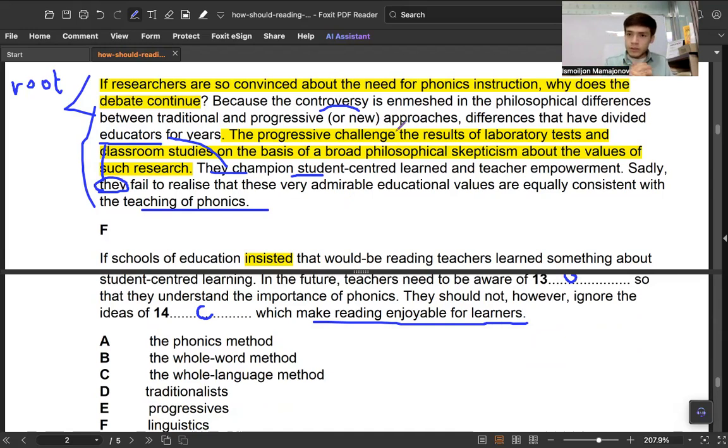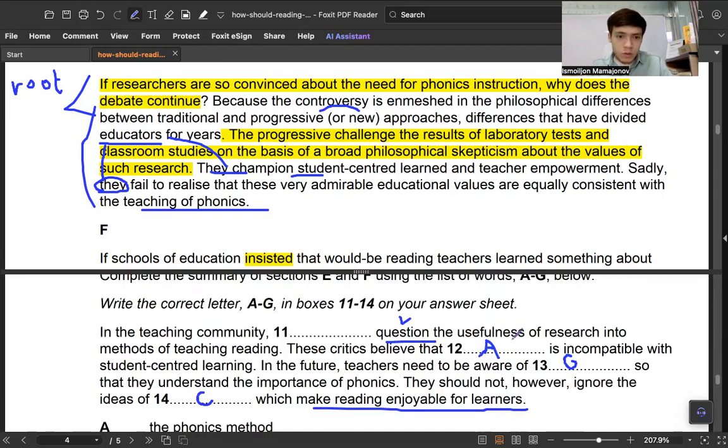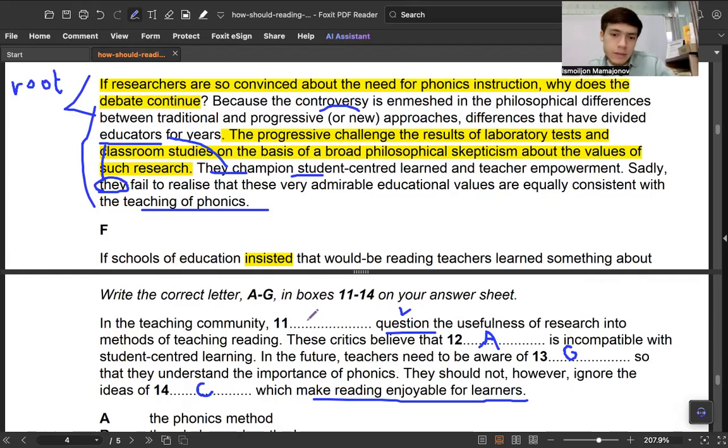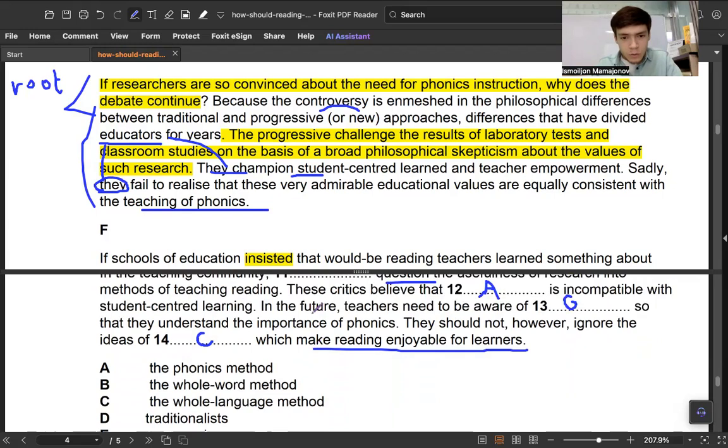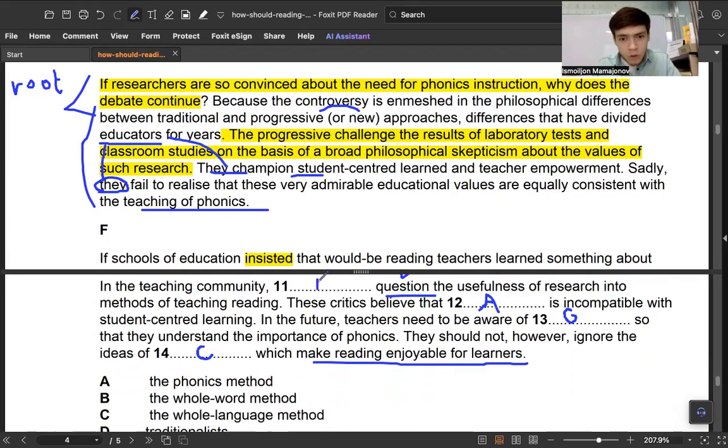But the old approach says, let's keep it. So questioning the usefulness of research, exactly, that's the thing. If I have to choose D and E, I would choose E because the problem comes from those people. Traditionalists say, let's keep it as usual, and progressives say, let's abandon it. I just used a little bit of logic and what's going on in the whole reading test.